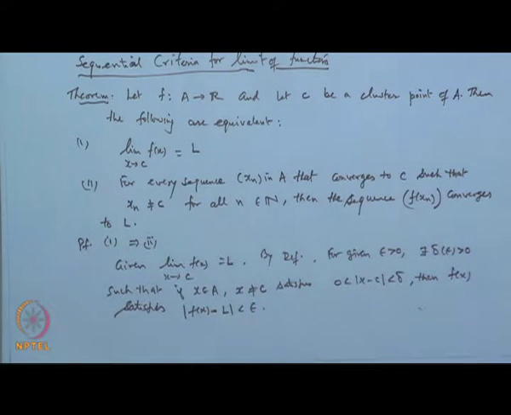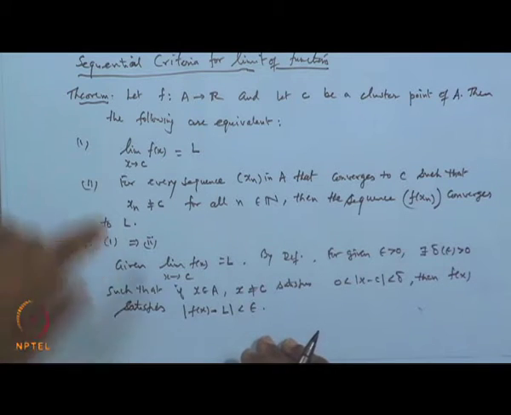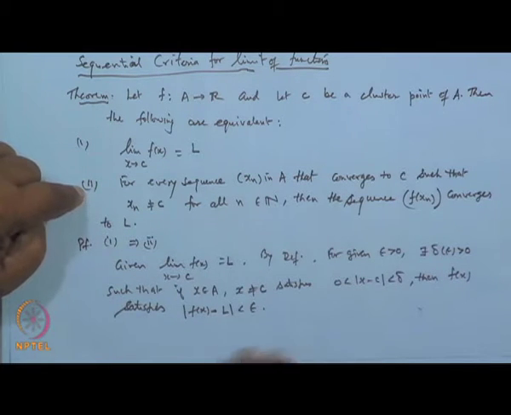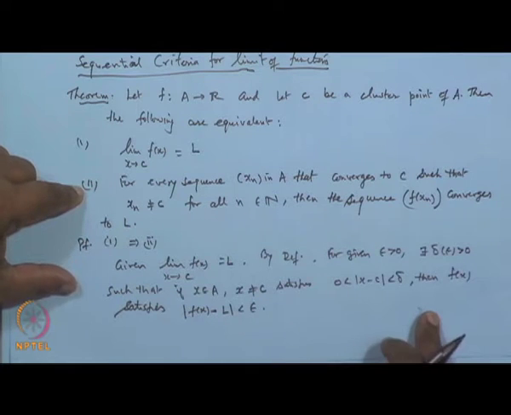Okay, this is given. Now, further we wanted to show 1 implies 2. So, 1 is given, and we get this much information.